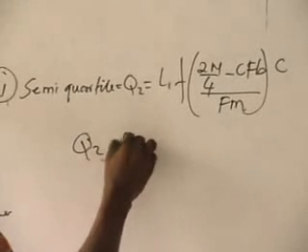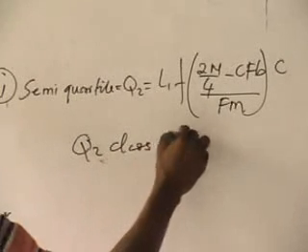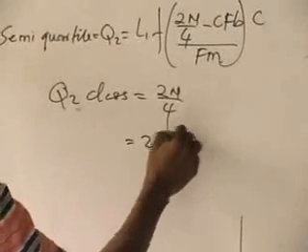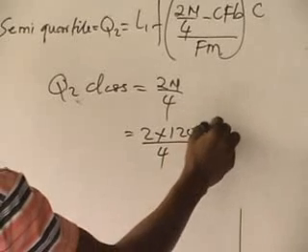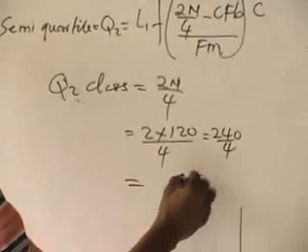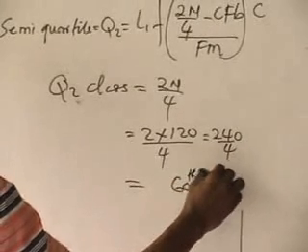Semi-quartile class equals 2n/4, and I told you that n is the summation of the frequency. This becomes 2 times 120 divided by 4, which is 240 divided by 4, and the answer equals 60.